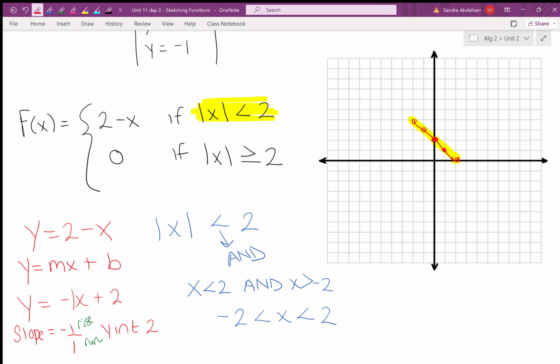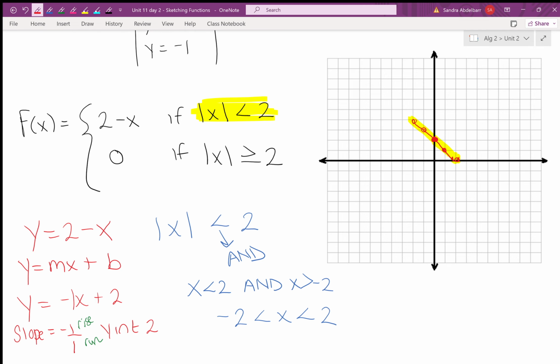Guys, I can't have you talking when I'm explaining something. So mathematically speaking, anytime you have an absolute value and an inequality, if the inequality is less than, you split it into two different inequalities, flip the sign, and put an and in the middle.